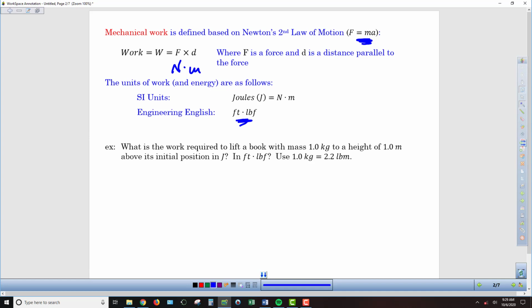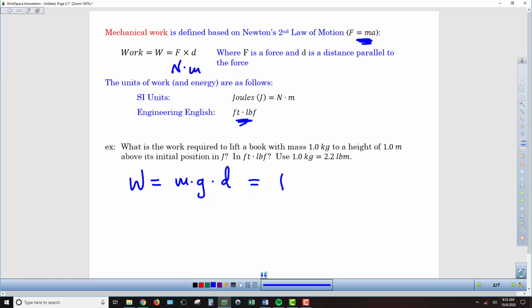So if we look at the example here, what is the work required to lift a book with a mass of 1 kilogram to a height of 1 meter above its initial position? We want to make that measurement in joules and then convert that to foot-pound force using the conversion factor that's given to us. So work is force times distance. The force is just going to be the weight of the book, so that's m times g, and then I'm going to multiply that times the distance.